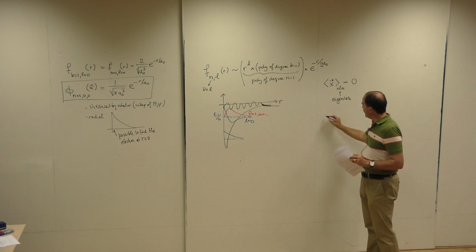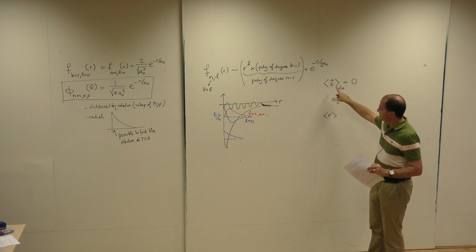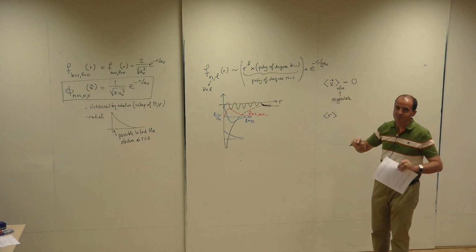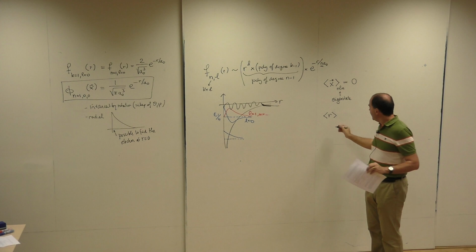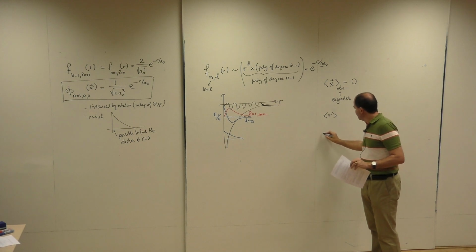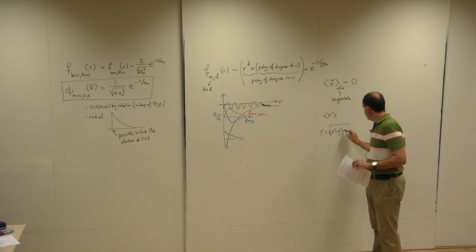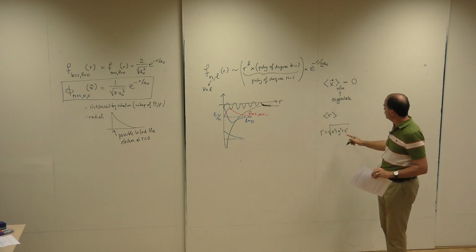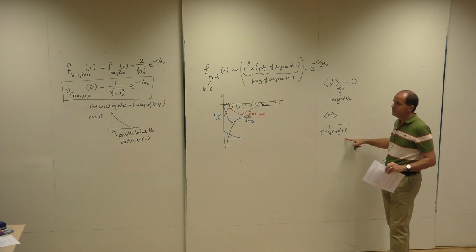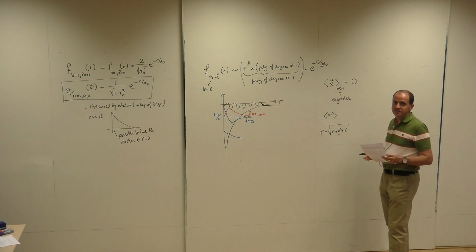Now, what is the average r? The average r is not the same as the average x, right? Because r is the square root of x squared plus y squared plus z squared, and obviously it is a strongly nonlinear function of x, y, and z.